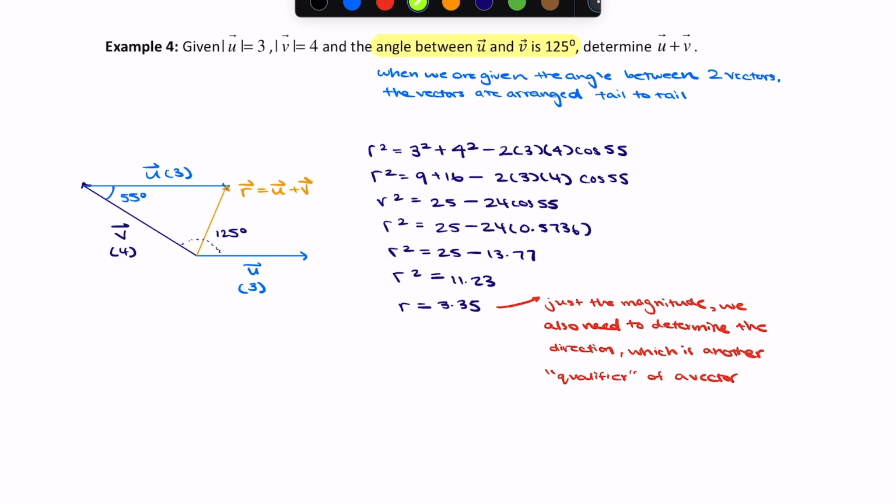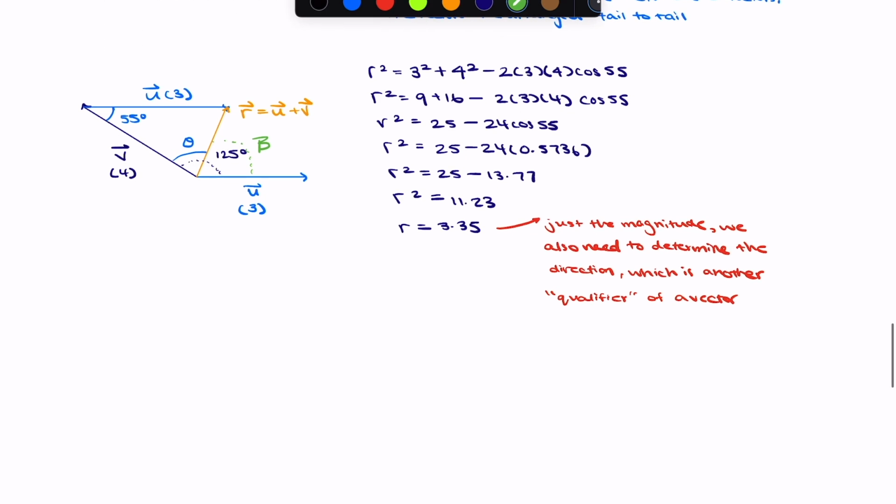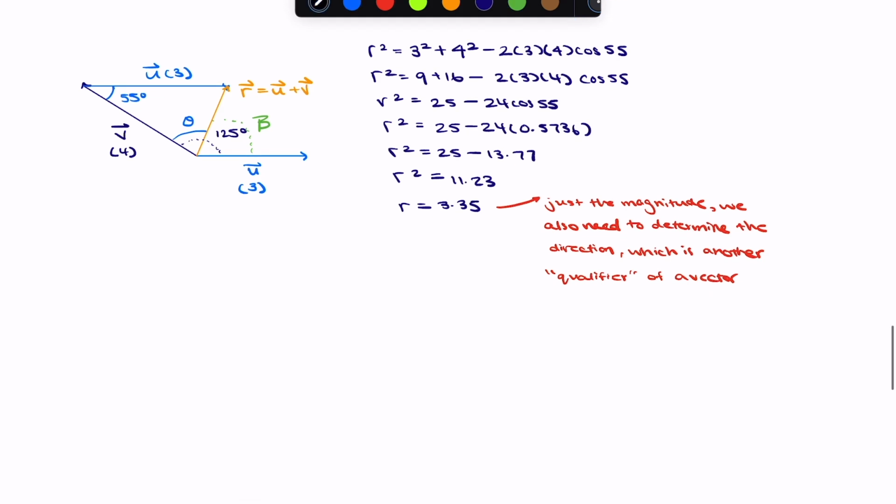Okay, so here, if we know that the dotted blue line is 125 degrees, this angle we'll label beta. And so here we can see that if we use sine law, sine 55 over what we just found, 3.35, is equal to sine theta over 3.